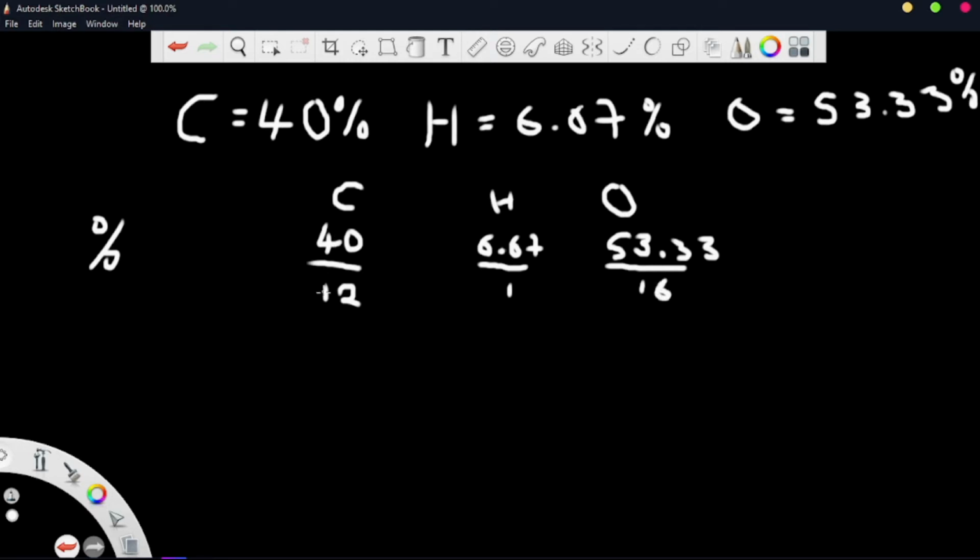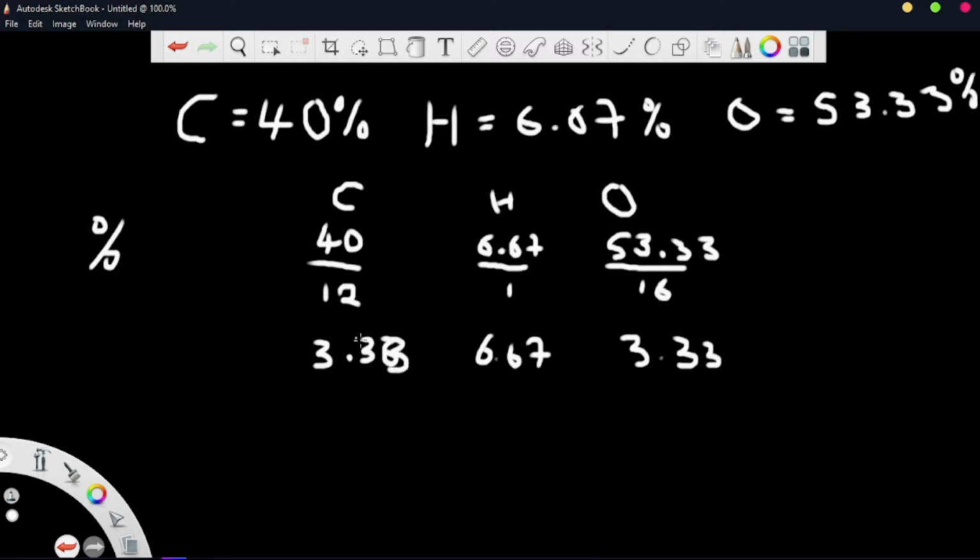So when we divide, we get 3.33 for carbon, 6.67 for hydrogen, and 3.33 for oxygen. Sorry, this should be a 3.33.